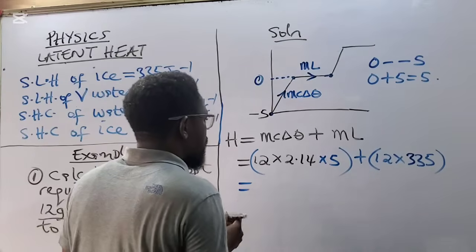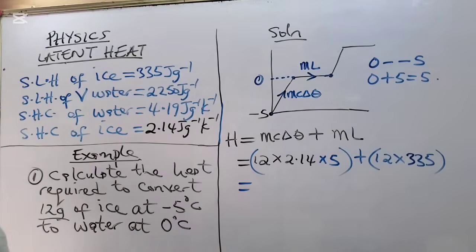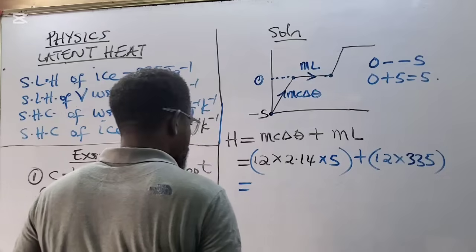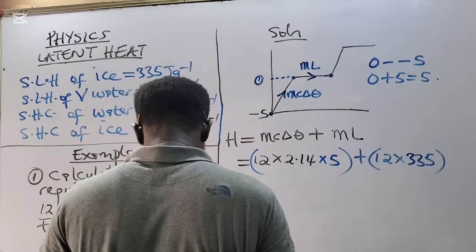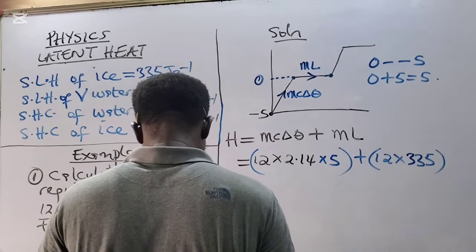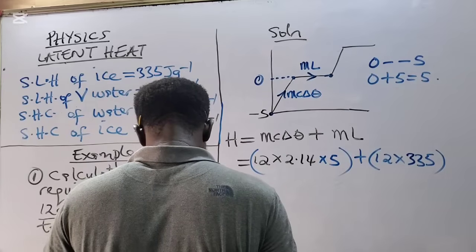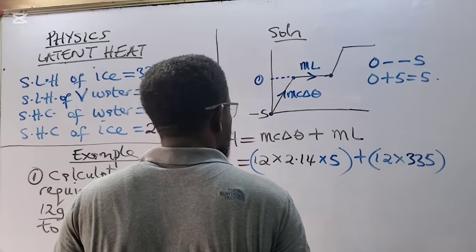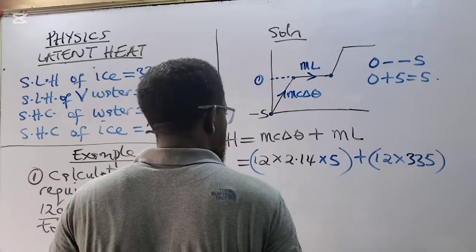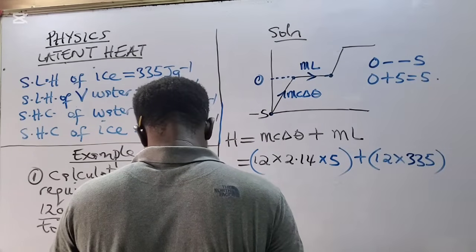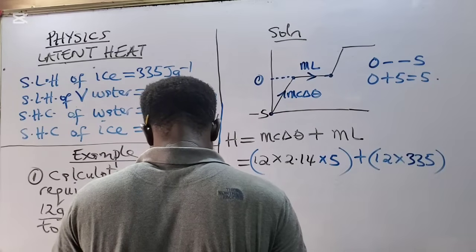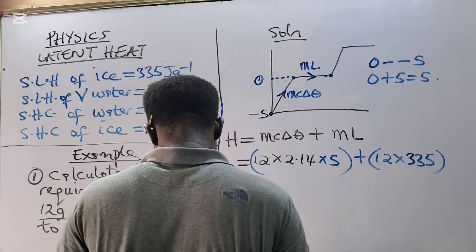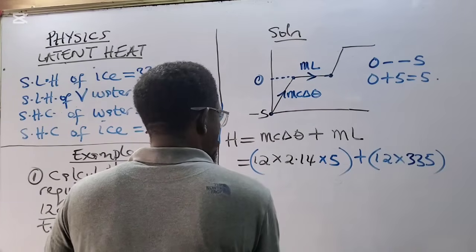And when you multiply that now, you should get your answer. So we have 12 times 2.14 times 5. The value was 1284.